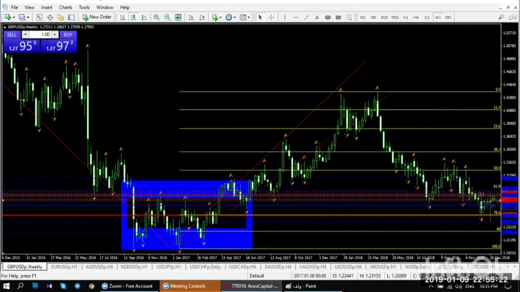And we've had two, one in here and the other one here in this trend. And if this breaks, we have swing low pivots right here.